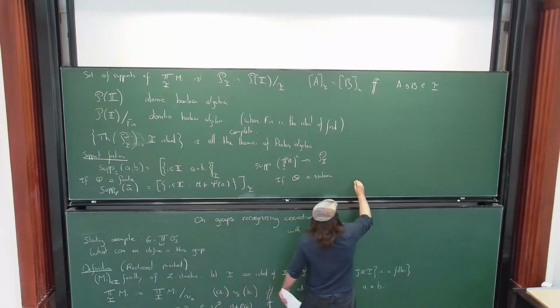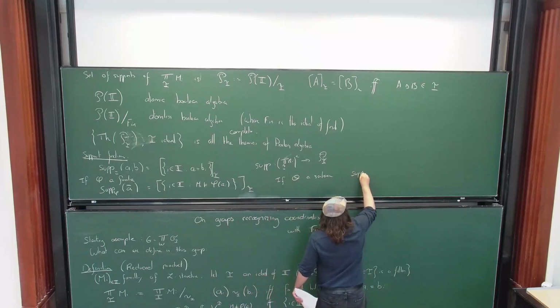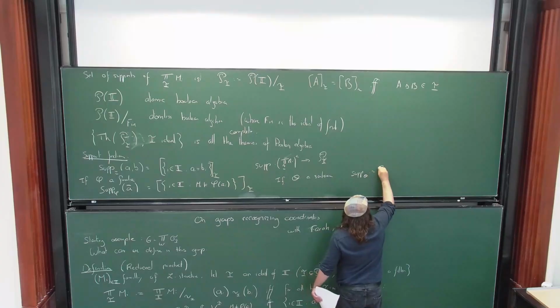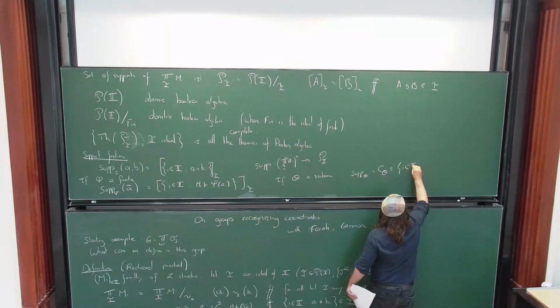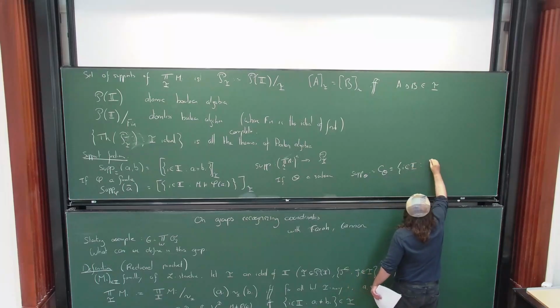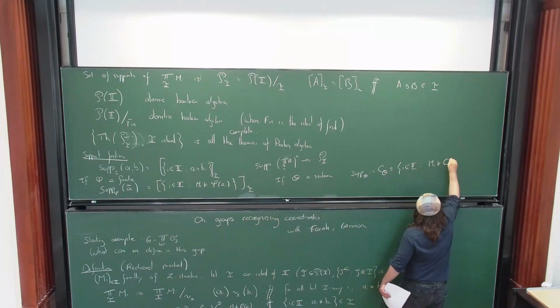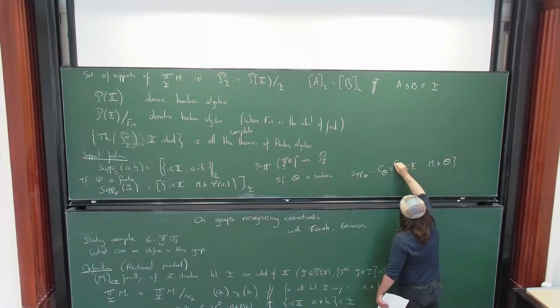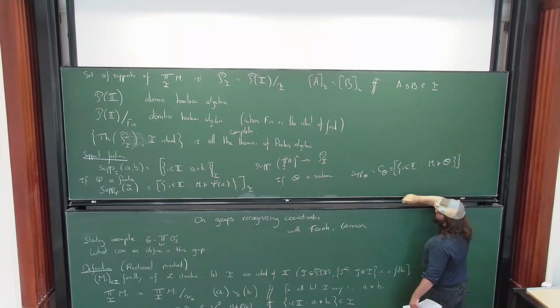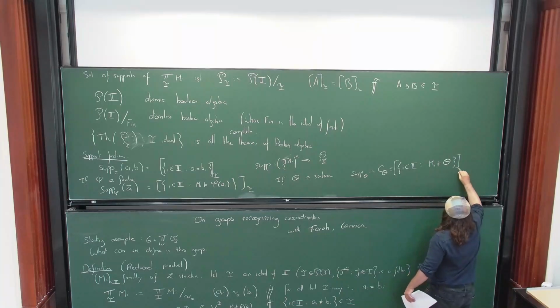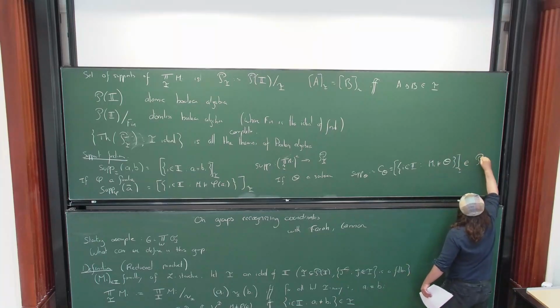So sup theta, I'm also going to denote it by constant theta. And it's the set of indices in I such that M_i satisfies theta. So here it's not a function anymore, it's just a constant in P(I).